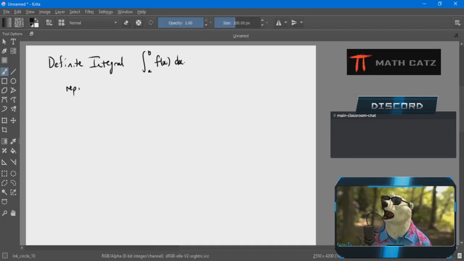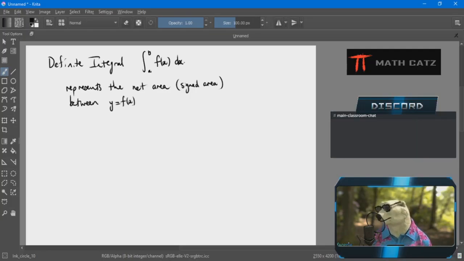It represents not necessarily the area that we might be interested in, but instead it represents the net area, or we can also call it the signed area, between the graph f of x and the x-axis.